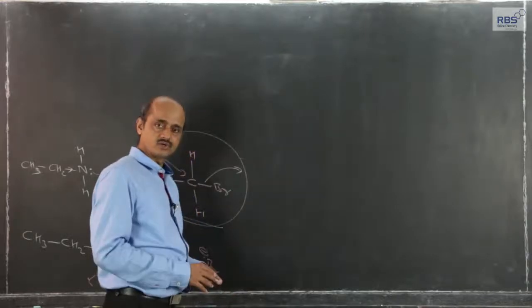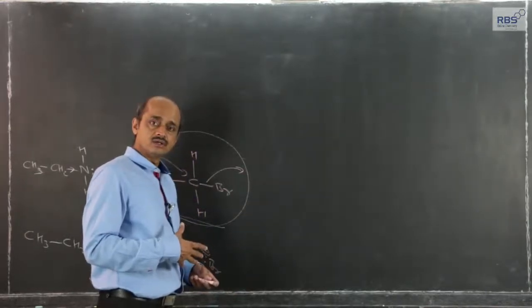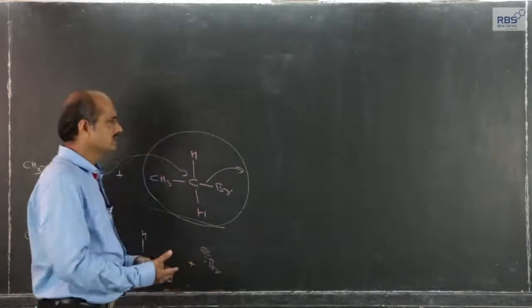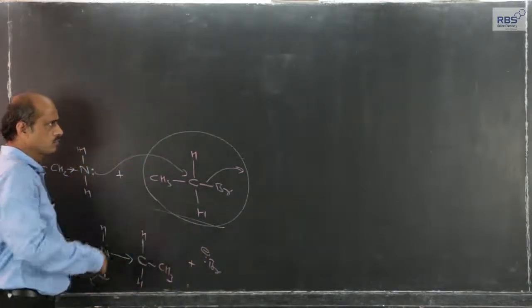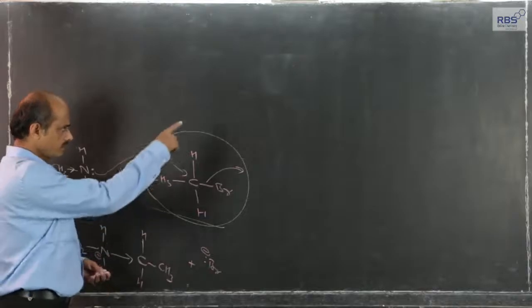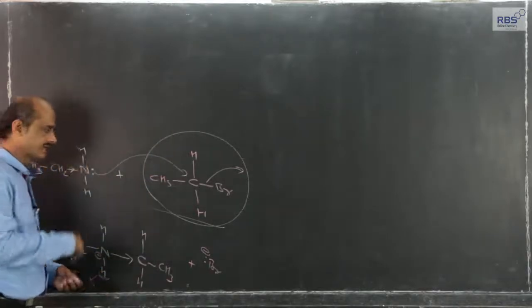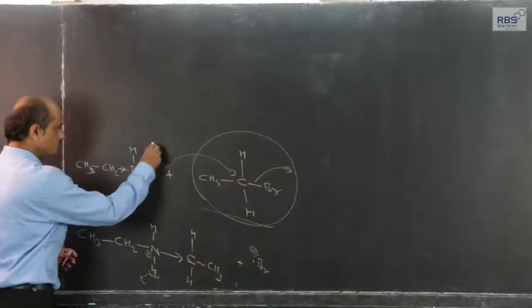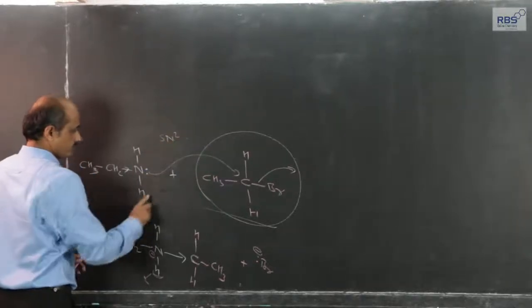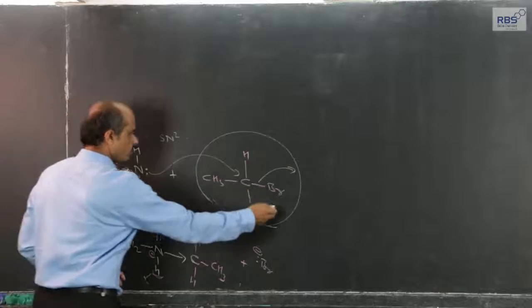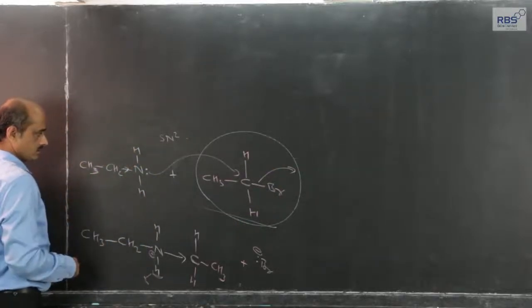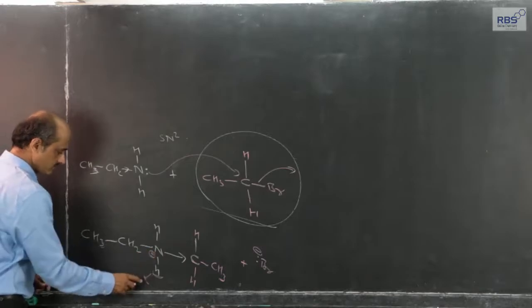But if not, or if suppose that instead of ammonia the alkyl halide is present in excess, then what will happen? The primary amine that I just told you about will further react, and this primary amine will react in a similar manner by SN2, and bromine will go out in the form of Br minus. This nitrogen will get attached here.